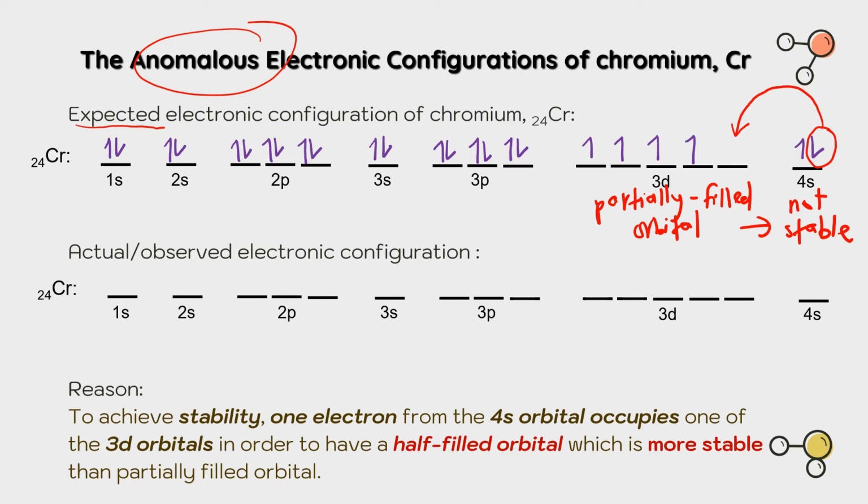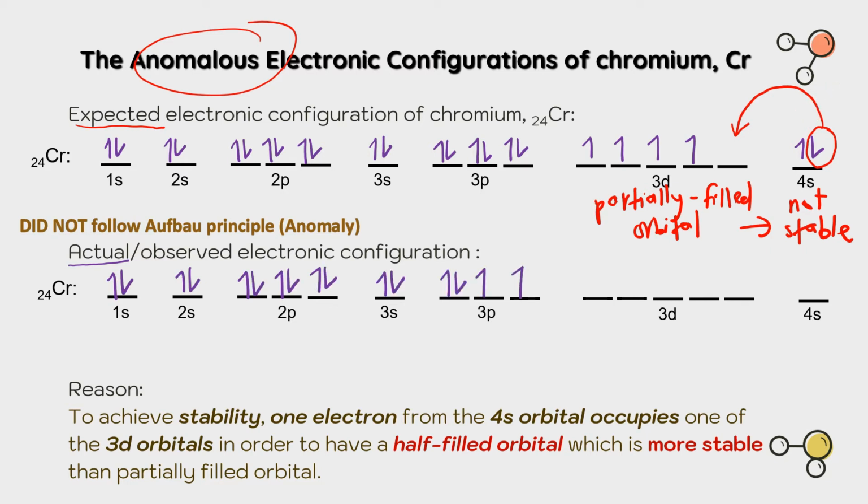And write your new configuration for the actual configuration. This actual configuration is the one that is inconsistent with the Aufbau principle. Now, by having a 3d5 configuration with 5 electrons in parallel spin, this configuration is called a half-filled orbital.